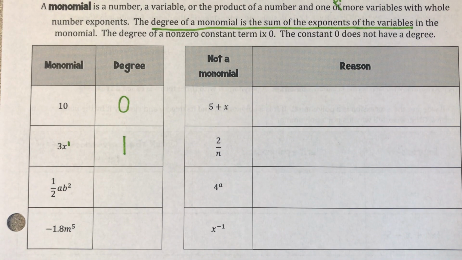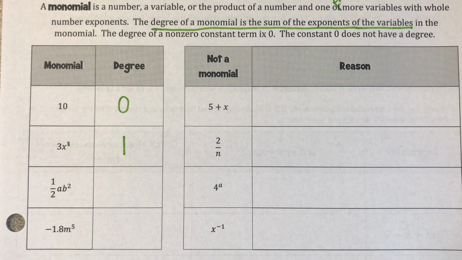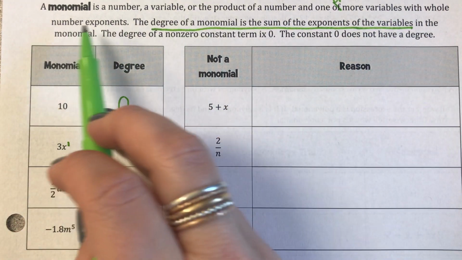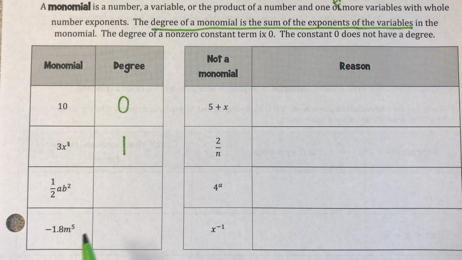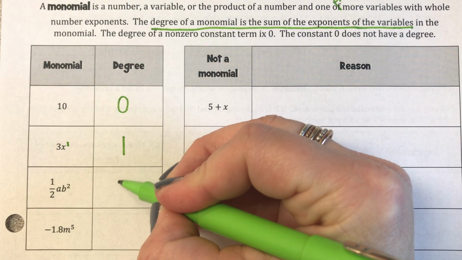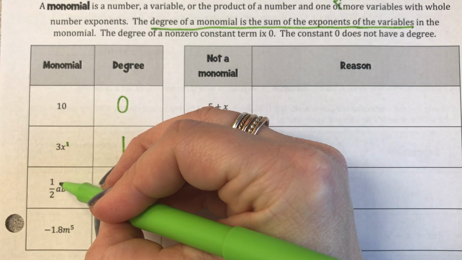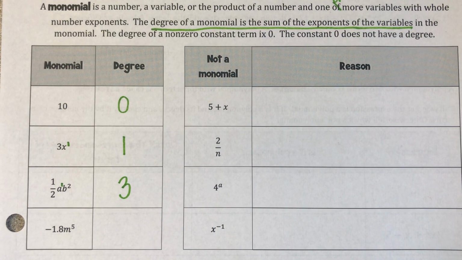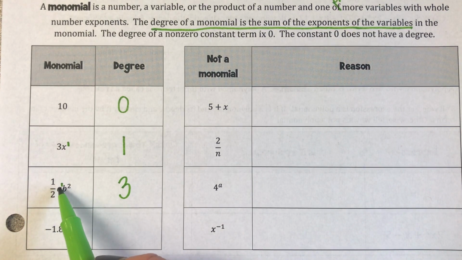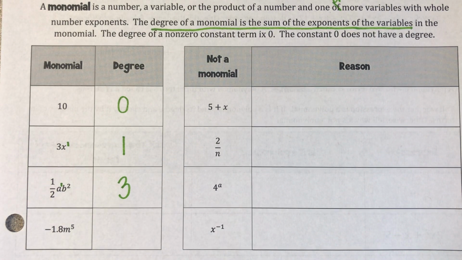Okay, 1/2 ab squared. That is a monomial. It's the product of a number and one or more variables with whole number exponents, right? So the degree of this one would be 3. Because remember, a is like having a to the first power. So you're not concerned with the numbers, but the variables: we have a to the first, b to the second, 1 plus 2 is 3.